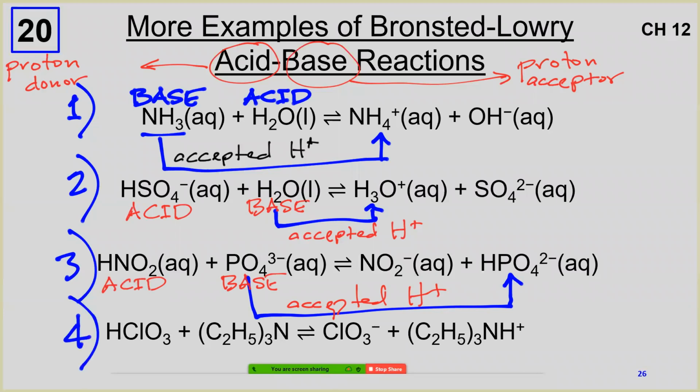And for the fourth one here, we have HClO3 turning into ClO3 minus. So it lost a hydrogen ion. It donated a hydrogen, therefore it's an acid.